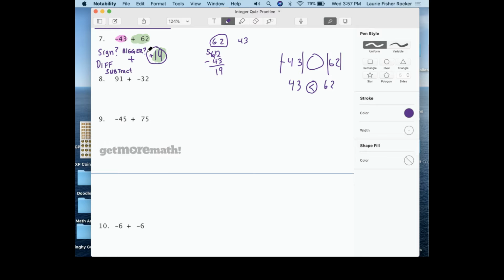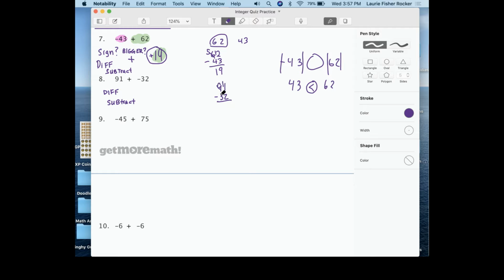Let's look at this next one. Again, so I've got 91 and negative 32. I have different signs, so I'm going to subtract. Okay, so I'm just going to bring them over here, 91, and then I'm going to do minus 32, because the 91 is the bigger value than 32, I'm going to put on top.